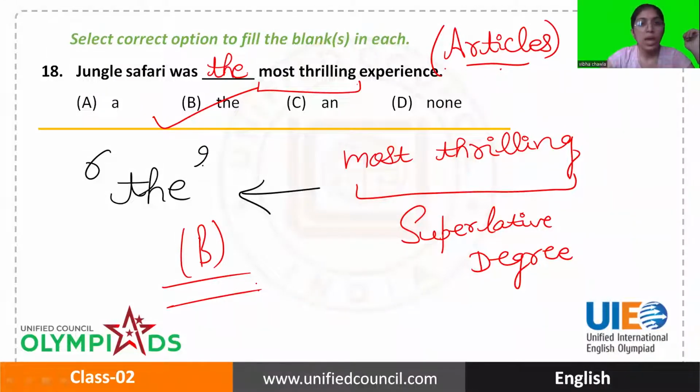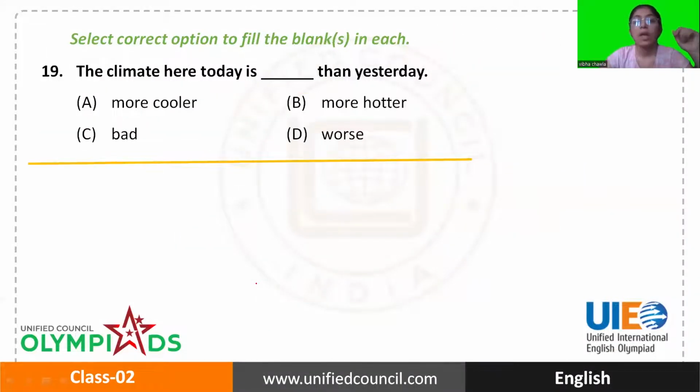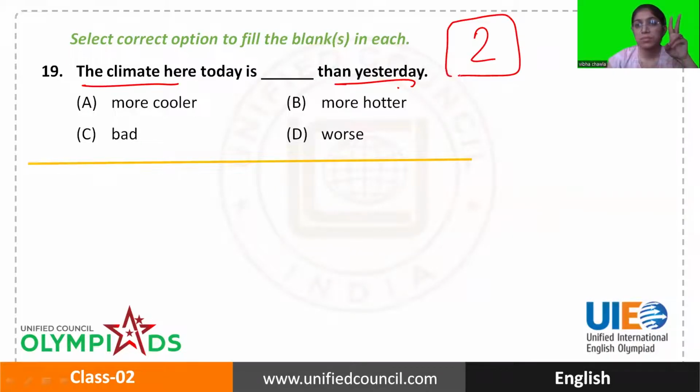Post that, we have question number 19. The climate here today is blank than yesterday. First of all, we are comparing the climate of 2 days. The climate here today and the climate here yesterday. So the climates of 2 days are being compared here.